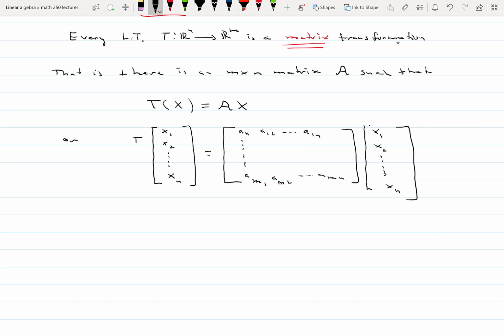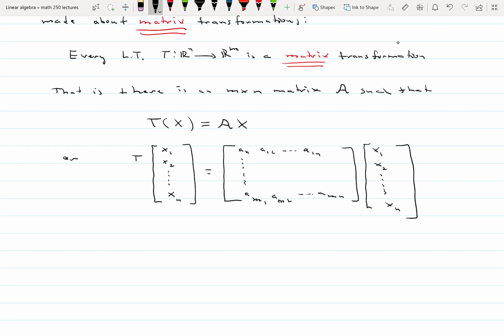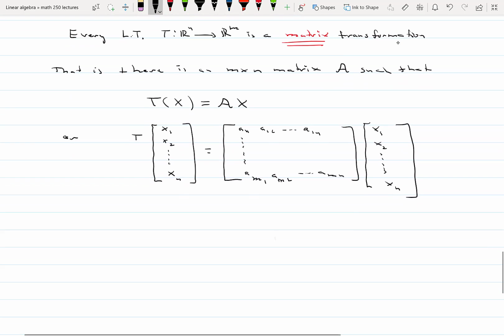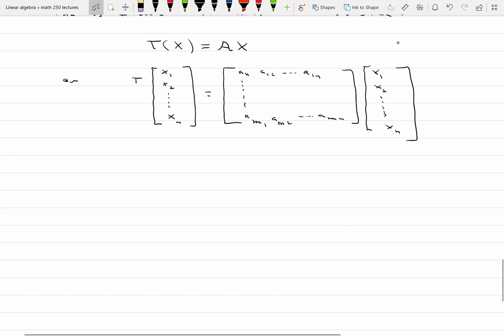Every linear transformation from Rn to Rm can be written this way. And we saw that we could do that very easily.